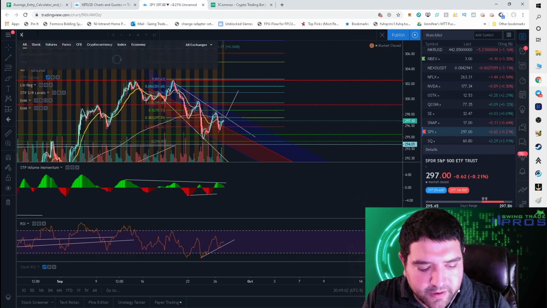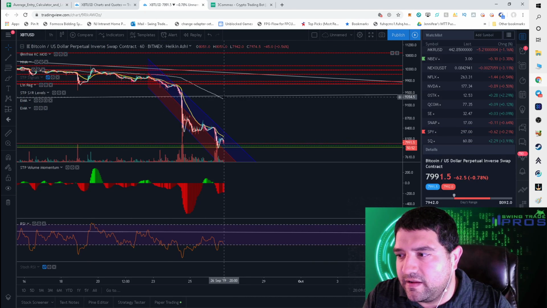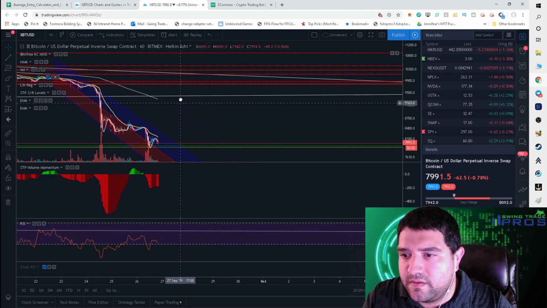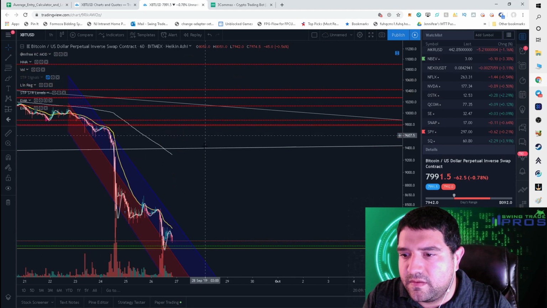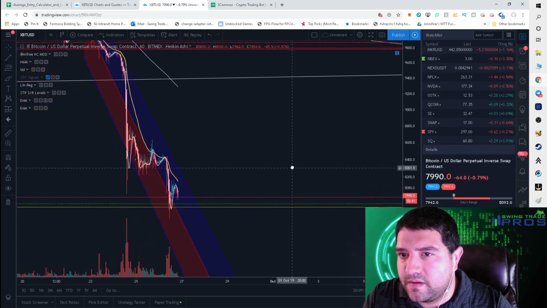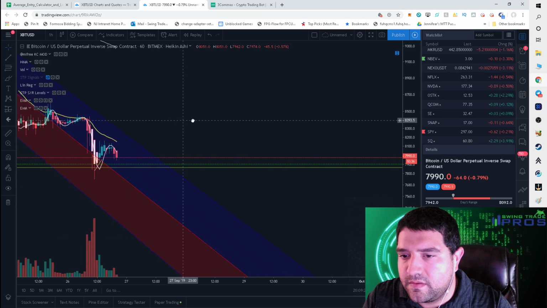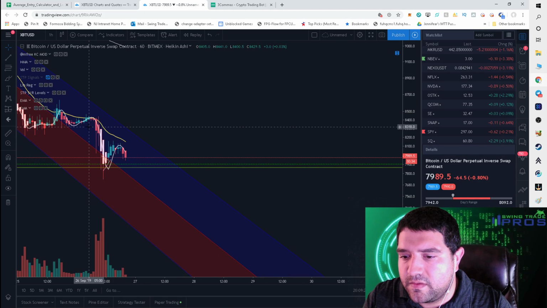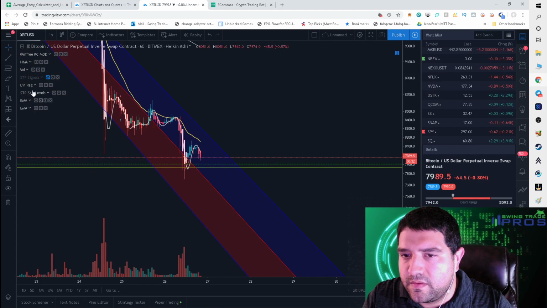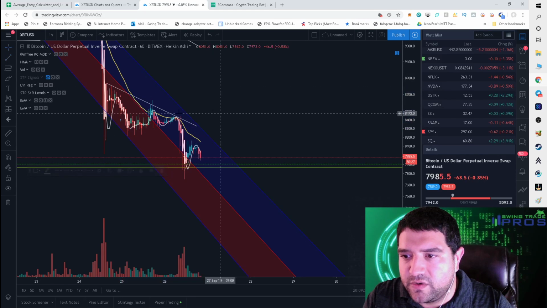Let's go back to Bitcoin, because we got some action. We're already back up to 8K. So this move, I think I had drawn this out in our Discord earlier today, or earlier yesterday.